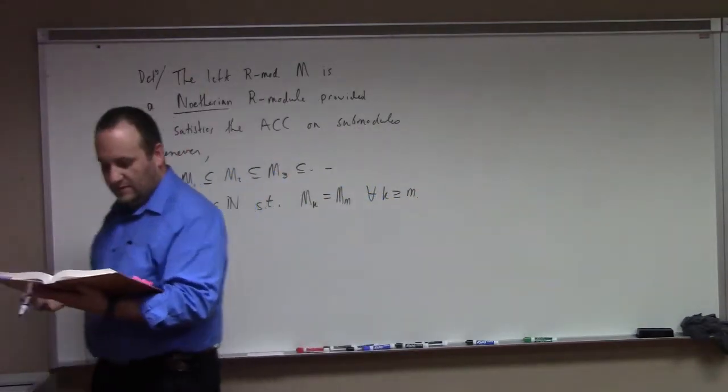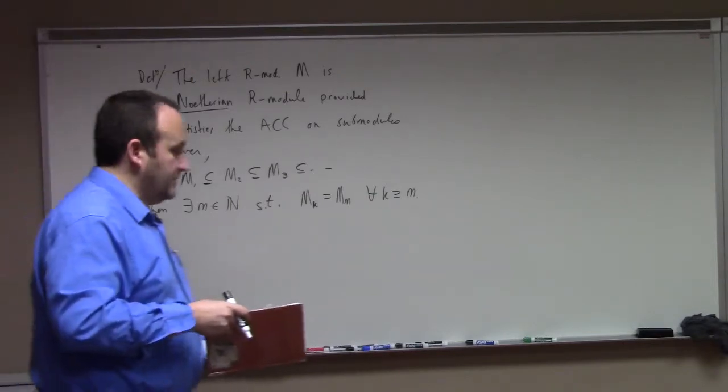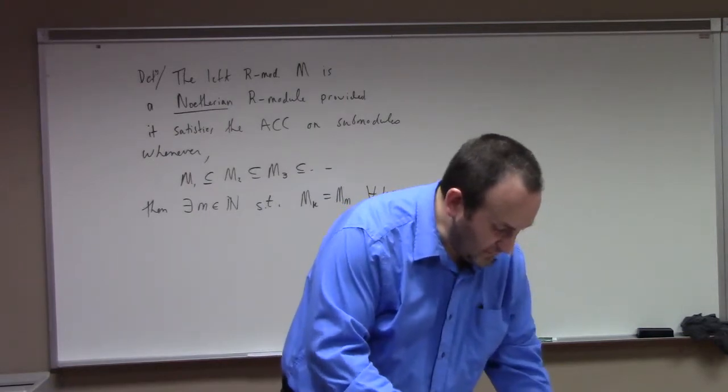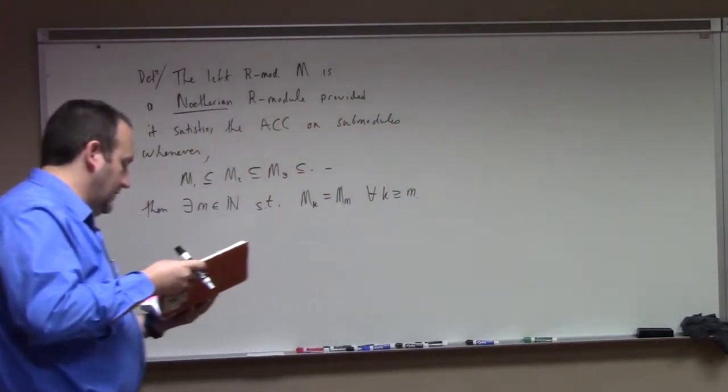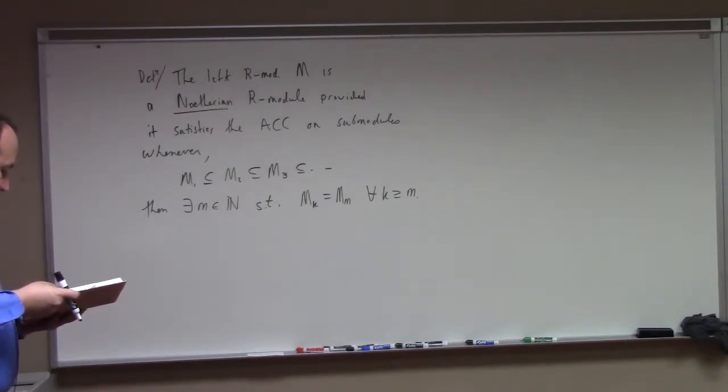In other words, eventually, the sequence of submodules becomes constant, right? There's like a largest one it has to settle on. Likewise, the ring R is said to be Noetherian if it's Noetherian as a left module over itself.